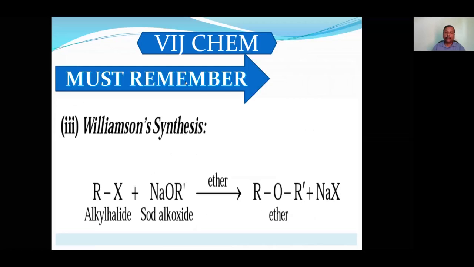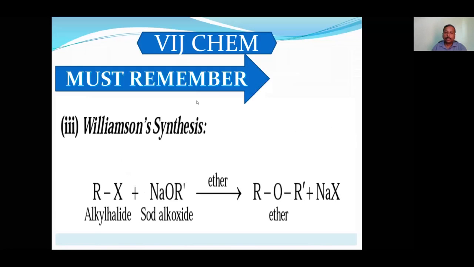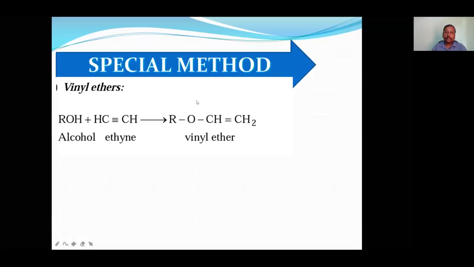Very important is Williamson synthesis, and before that, dehydration of alcohols and catalytic dehydration of alcohols. The temperature is different here as the catalyst is changed, concentrated sulfuric acid is changed now. These are all the things we have studied.